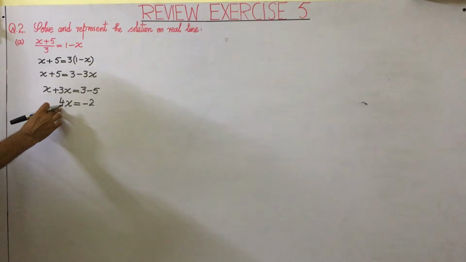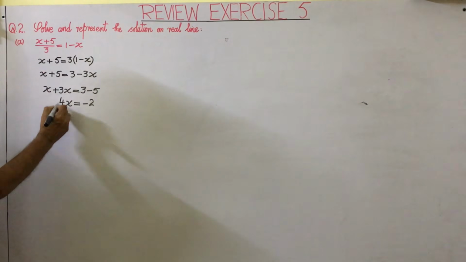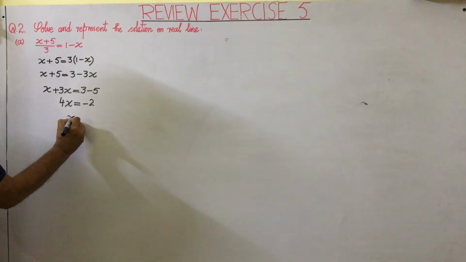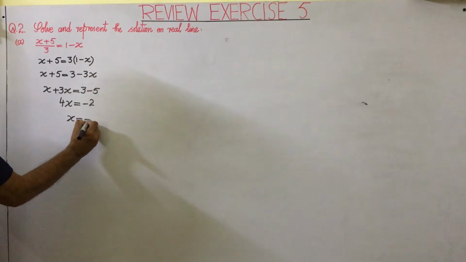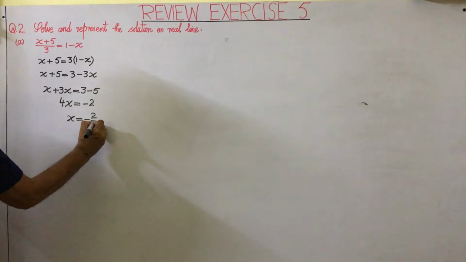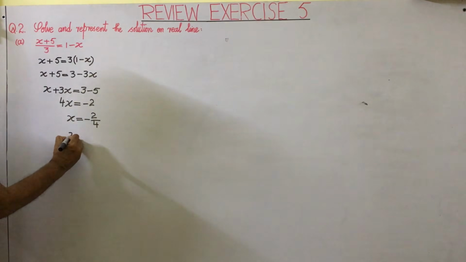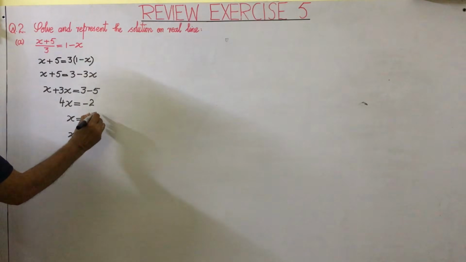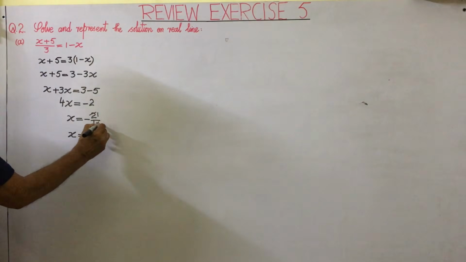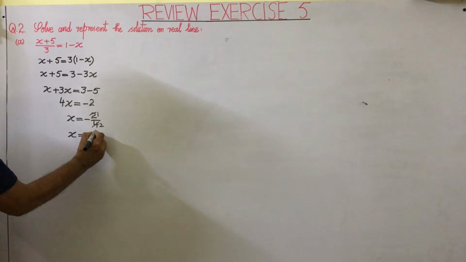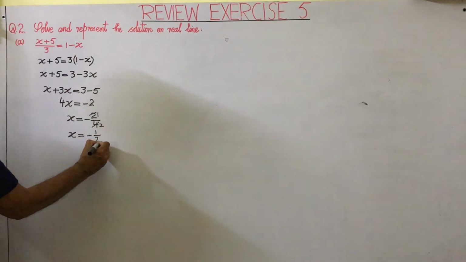Dividing both sides by 4. 4x over 4, 4 cancelled with 4. x is equal to minus 2 over 4. 2 ones are 2, 2 twos are 4. x is equal to minus 1 over 2.